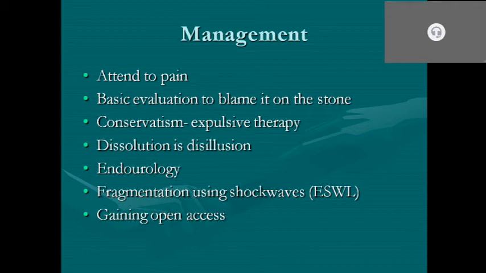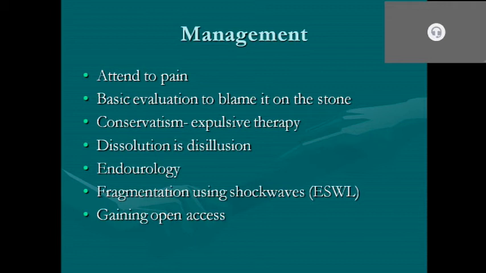What we generally prescribe is an alpha blocker, which is the most important constituent of expulsive therapy. Tamsulosin is most commonly used. You can use other alpha blockers as well, but since tamsulosin is a little cheaper in cost, it is more commonly used. The steroid we use here is deflazacort, 30 milligram.